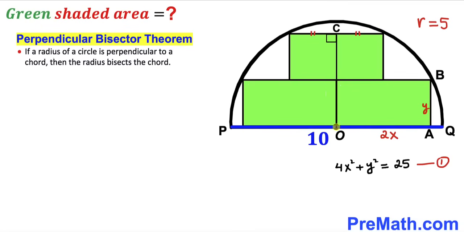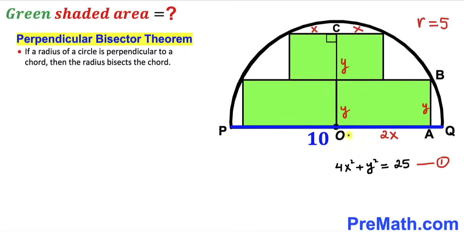The length of this rectangle is 2x, so half of it is x, and likewise this one is x as well. The width of this rectangle is y, and likewise this is y as well.